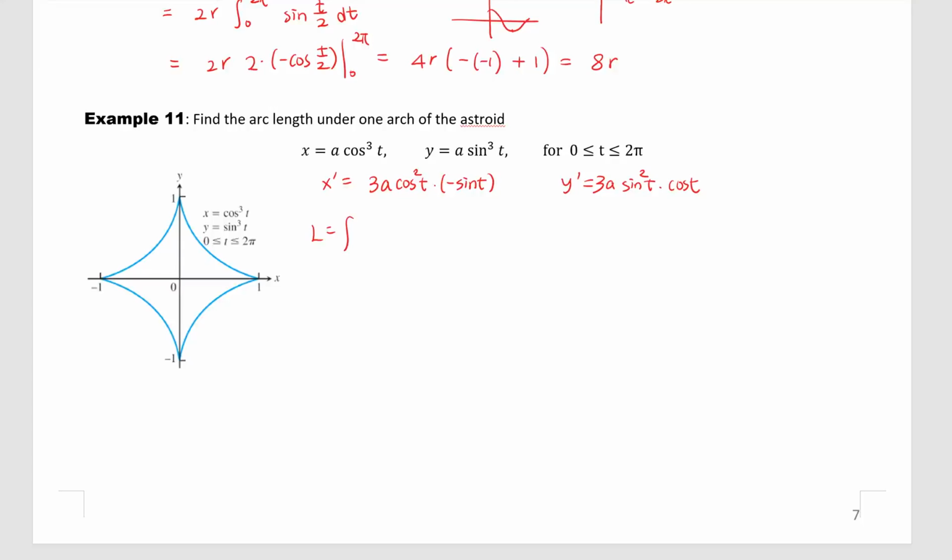So we want to find the arc length of one of the astroids. So here you can see it goes over 0 to 2 pi, but because it's symmetric, it's okay that we just compute one of them, and then we can multiply by 4 copies of that. Okay, so let's just calculate the piece in the first quadrant. What's the good thing about doing that?